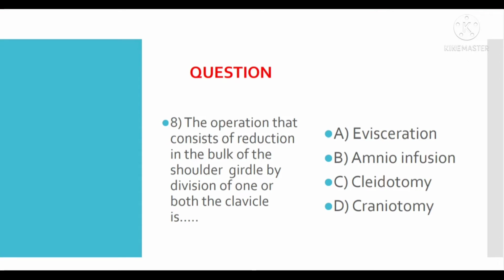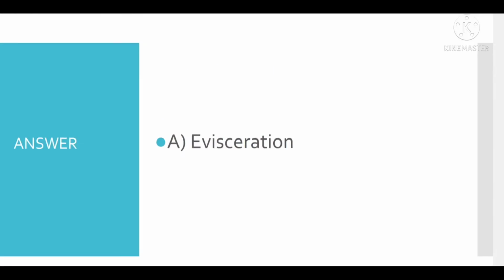Next question, question number 8. The operation that consists of the reduction in the bulk of the shoulder girdle by the division of one or both clavicles is called: option A evisceration, option B amnio infusion, C cleidotomy, and D craniotomy. Here the correct answer: option A, evisceration.